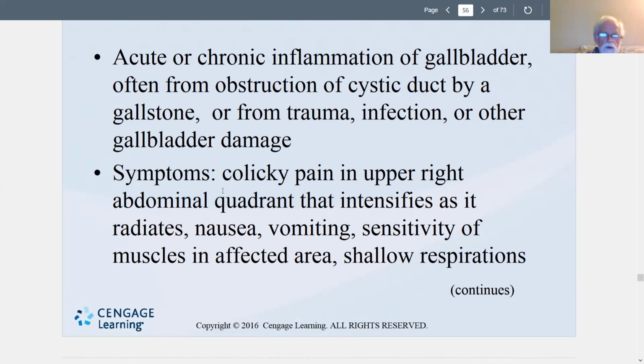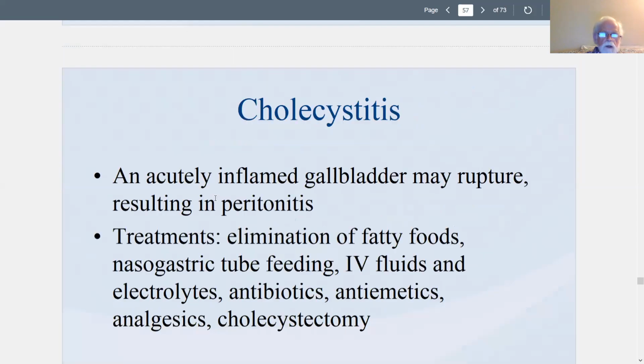There are several things. Shallow respirations, because pushing on it by breathing is not comfortable. Cholecystitis is an acutely inflamed gallbladder that may rupture. If that happens, we risk peritonitis, which is a potentially fatal condition.